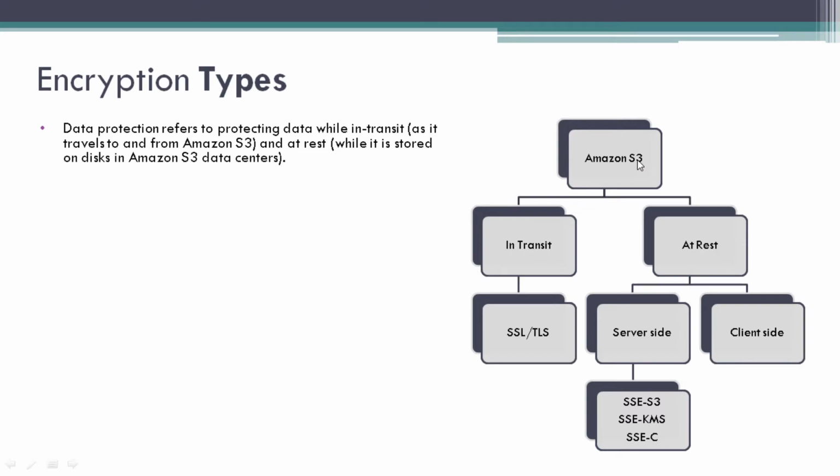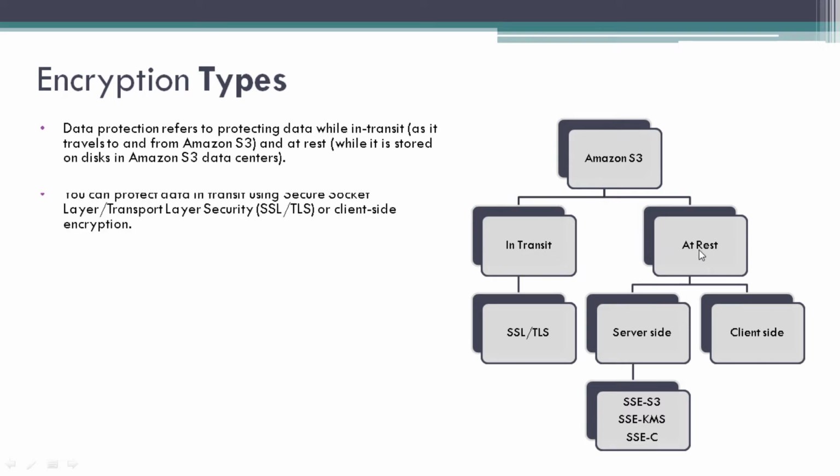So for Amazon S3 there are two options to encrypt your data: first is in transit and second is at rest. You can protect data in transit using Secure Sockets Layer or Transport Layer Security, or client-side encryption. So if you want to protect your data in transit, you can use SSL or TLS.